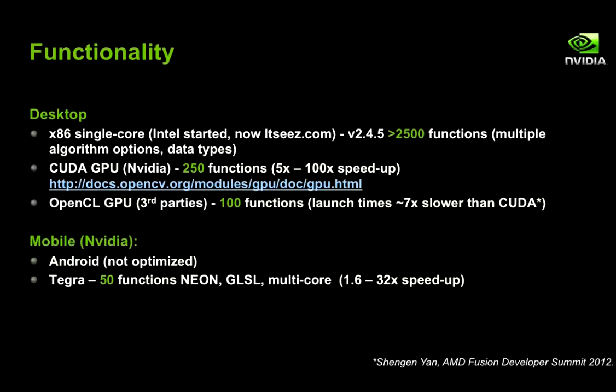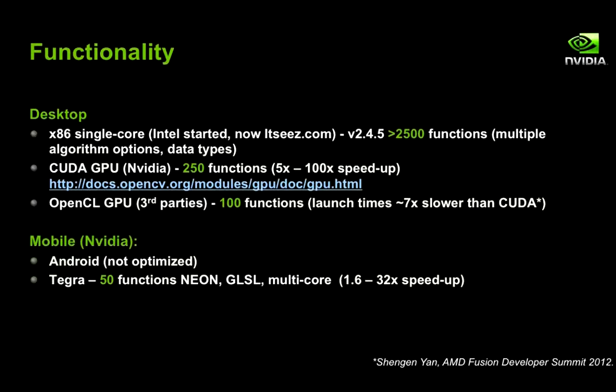There also exists a smaller port of the library containing about 100 functions, which runs on OpenCL-capable GPUs. However, note that it's been observed that the launch times for the OpenCL versions are about 7x slower than that for the CUDA version that runs on the GPUs.